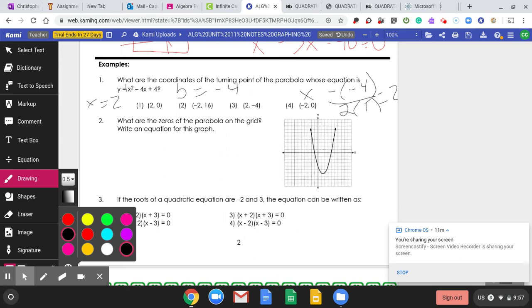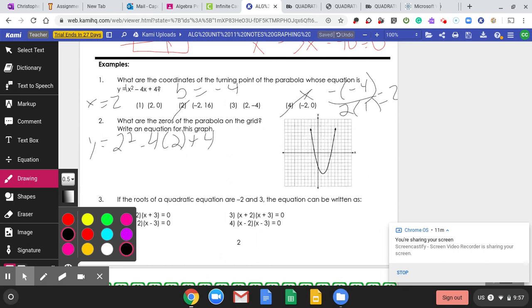Now, I know that my answer cannot be 2, it cannot be 4. It has to be either 2 negative 4 or 2 0. So at this point, I'm just going to go back in the equation, and I'm going to use this area over here because I'm running out of space to plug a 2 back in. So y equals 2 squared minus 4 times 2 plus 4.